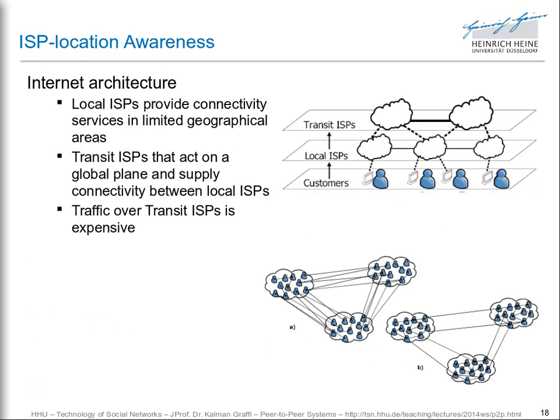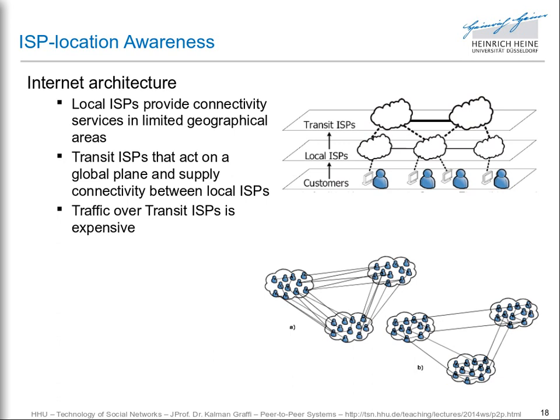First of all, the ISP-location awareness. Okay, the local ISPs provide connectivity services in limited geographical areas, as you might know. The transit ISPs act on a global plane and supply the connectivity to local ISPs, or between them. And this is the main point, the traffic over transit ISPs is expensive.